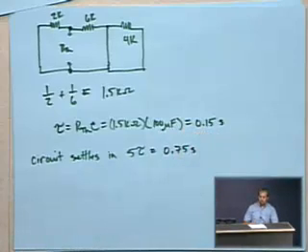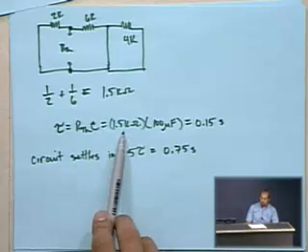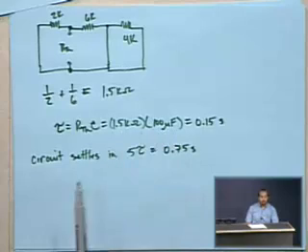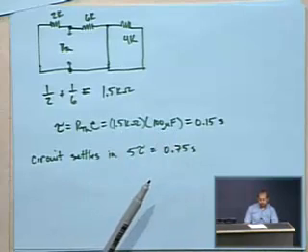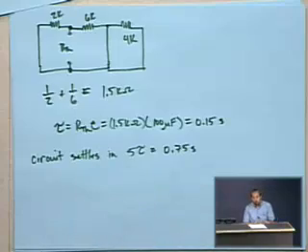Once you hit that switch, the circuit will settle into its new steady state condition in only 3/4 of a second. It's pretty quick. And it has everything to do with the Thevenin resistance, the overall resistance in the circuit, and the value of the storage elements. That'll be unique for every circuit.